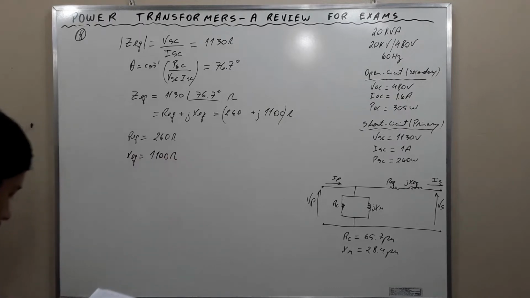Xeq is equal to 1100 ohms. But the exercise wanted us to work with the per unit system of measurements and to convert this to per unit.